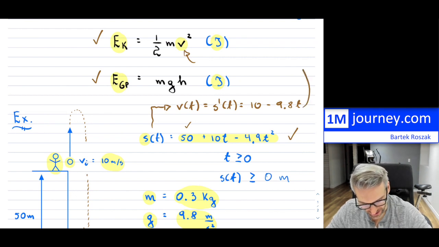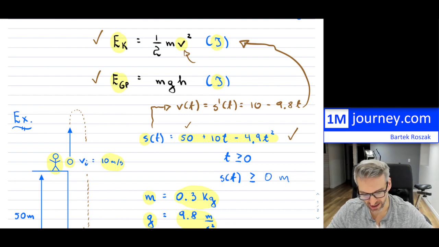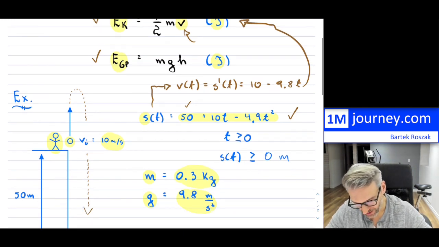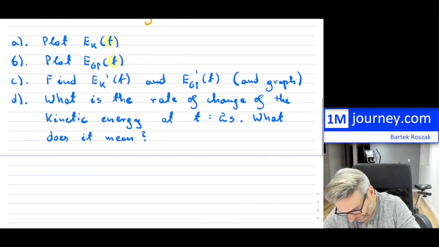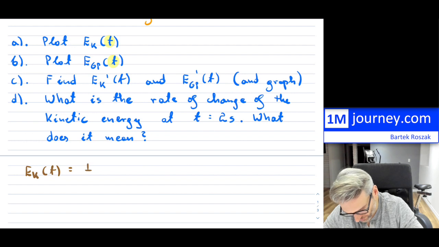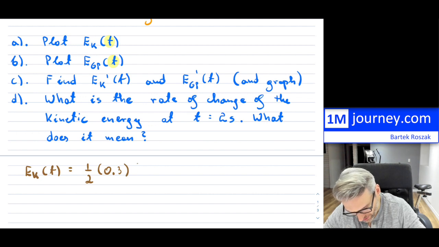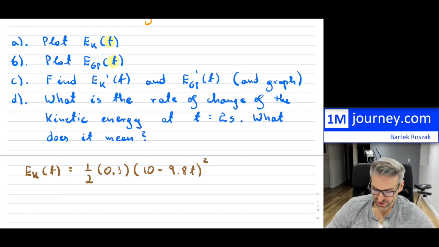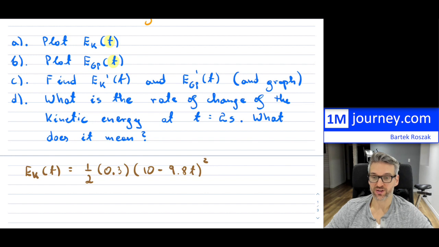Now that I have it, I can substitute it into here and get my kinetic energy. So my function is going to be 1/2 times mass. My mass is 0.3 kilograms. And then my velocity is 10 minus 9.8t, and this is squared. So that is my kinetic energy. Notice it is also a quadratic function.